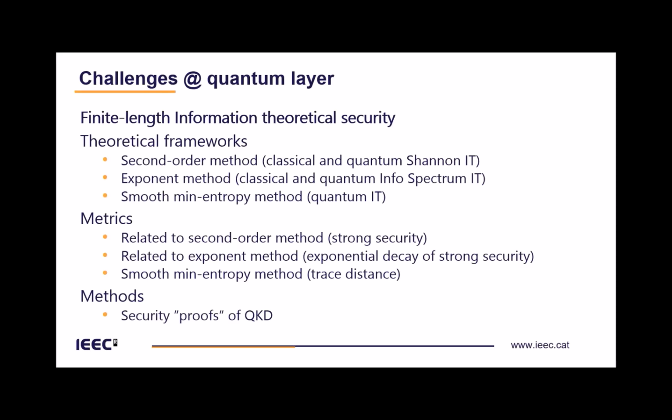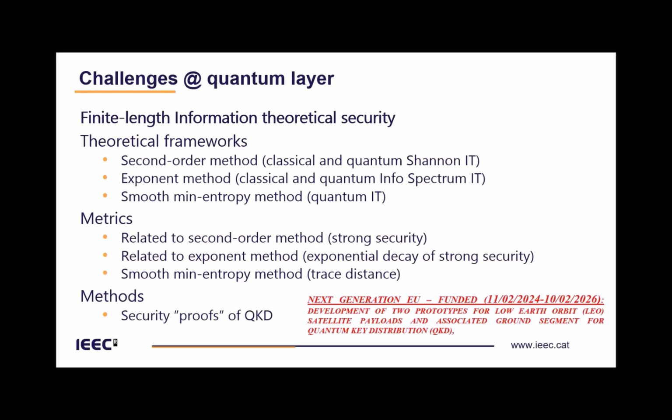And finally, since you have all this mess, you have the methods which are called security proofs, because when you are in the quantum discussions, you get this socializing thing in which you ask, okay, and what is your security proof? Mine is this one. Okay, nice. I am using this other security proof.